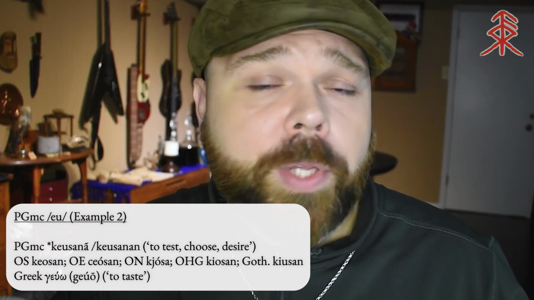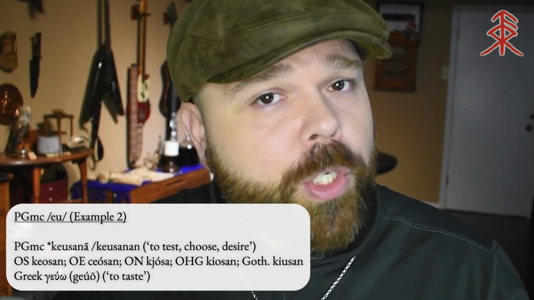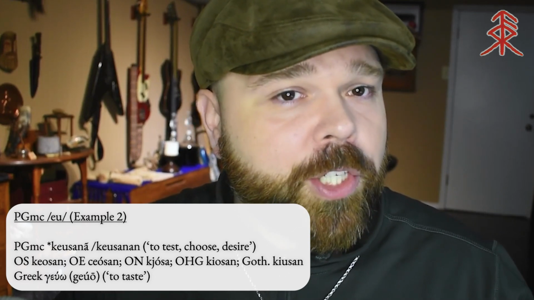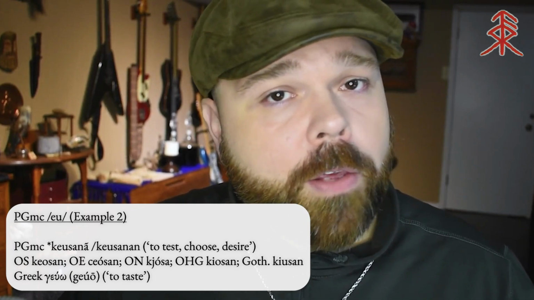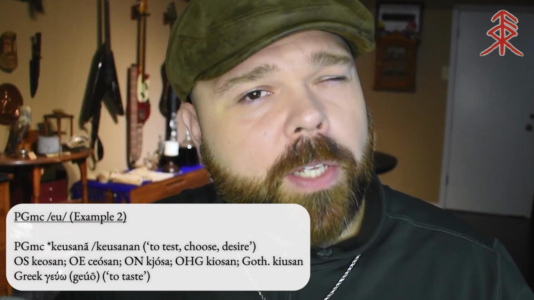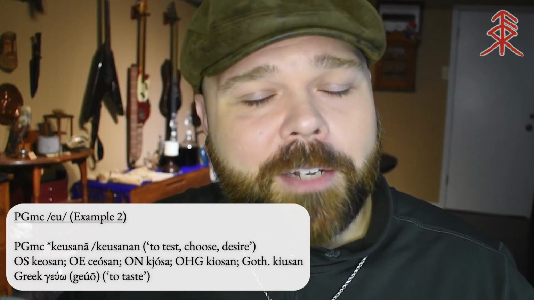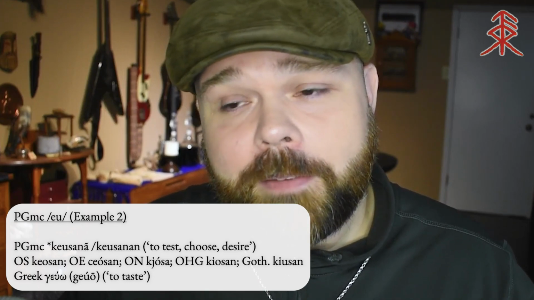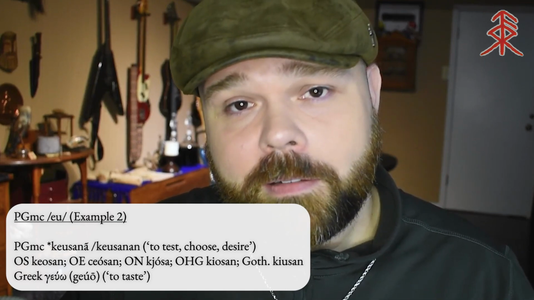With Old English, we see cheosan, chosen, choose, right? Old Norse, we see kjosa. Again, the shift is specific to Old Norse. It's actually in Old High German too, but it's just spelled with an I, but it's pronounced the same way. Which I guess leads me to Old High German, kjosan.